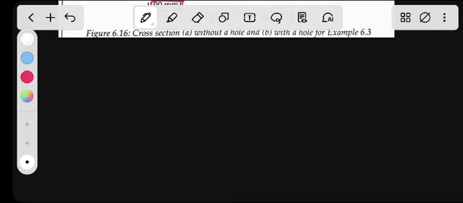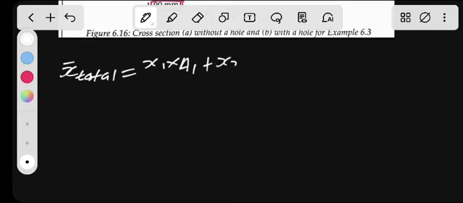This is because x bar total equals x1 multiplied by area 1 plus x2 multiplied by area 2, divided by the total area, area 1 plus area 2.